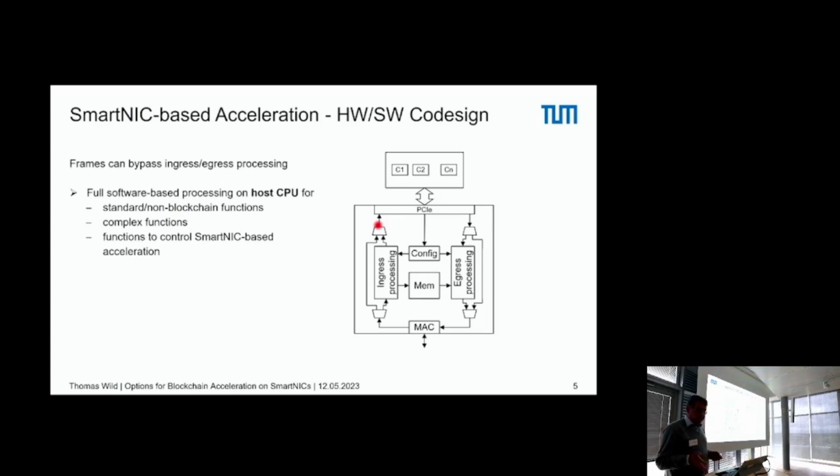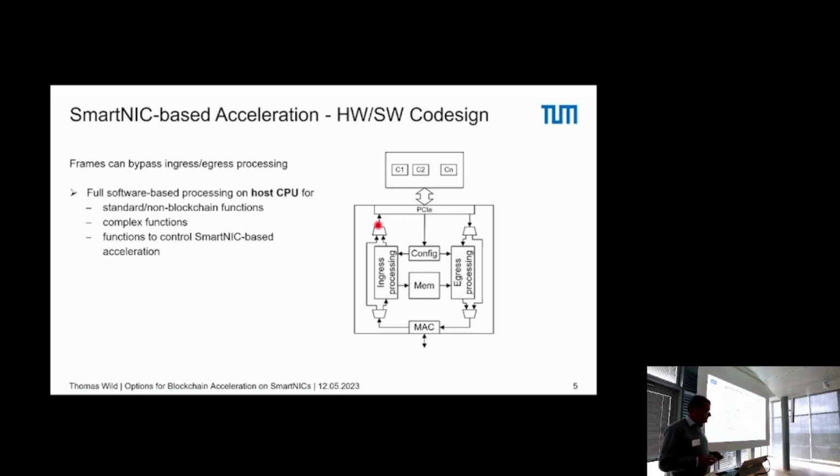On the other hand, what we think is necessary to stay on the host is some kind of standard blockchain function, non-blockchain functions, as I said, more complex functions which are not so easy to map onto really specific hardware. This is something with many exceptions, so it's not good to capture this in hardware.